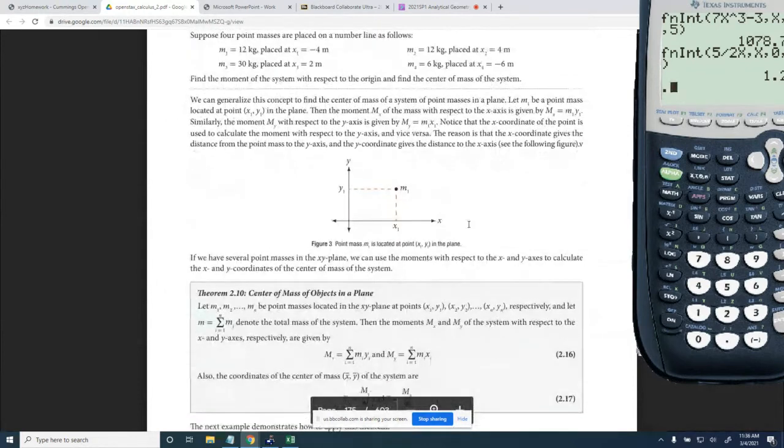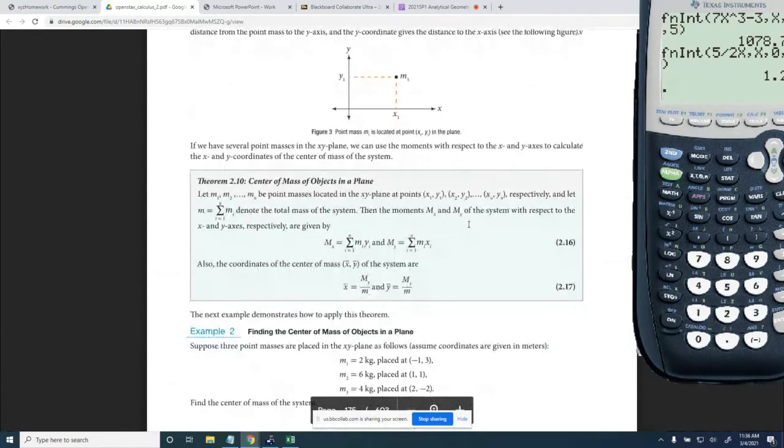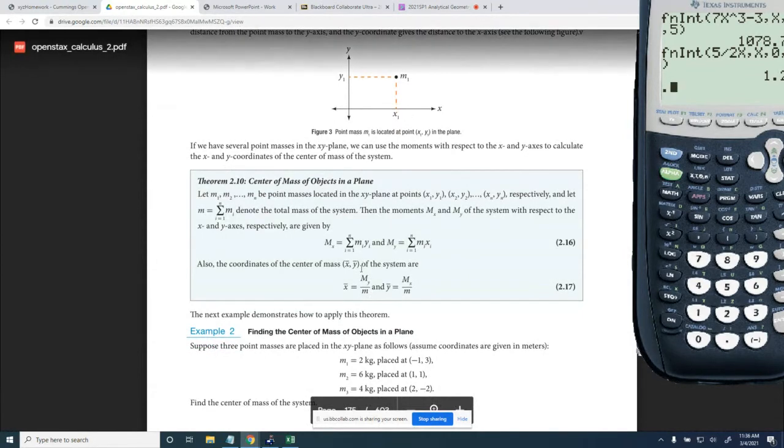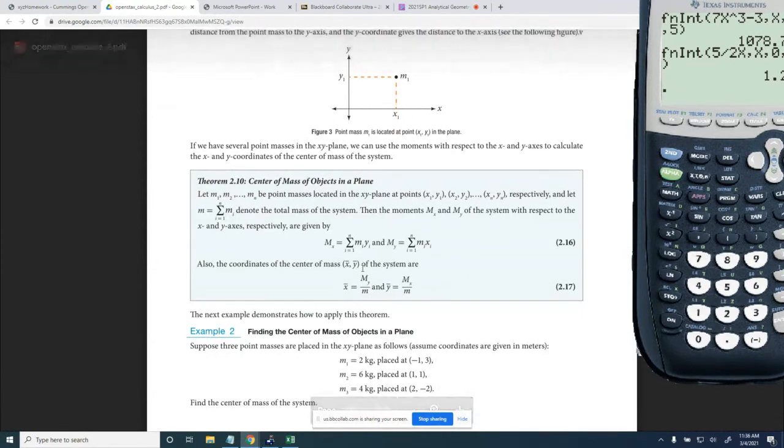I'm going to find the formulas that we're using. Here are the formulas. In order to find the center of mass of an object in a plane region, we have x bar, which is the moment on y divided by the mass of the system.